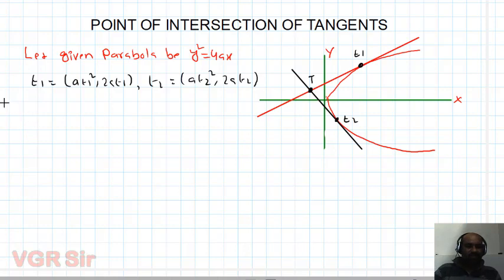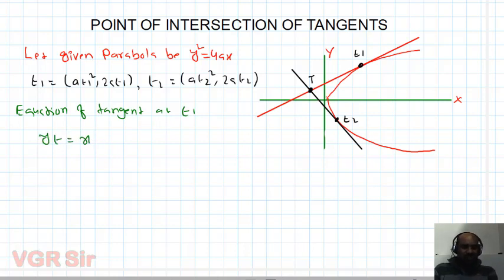Equation of tangent at T1. We have the formula directly: yT1 equal to x plus aT1 square. Already derived. Say this is number 1.